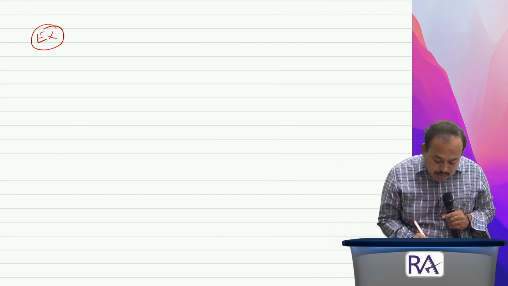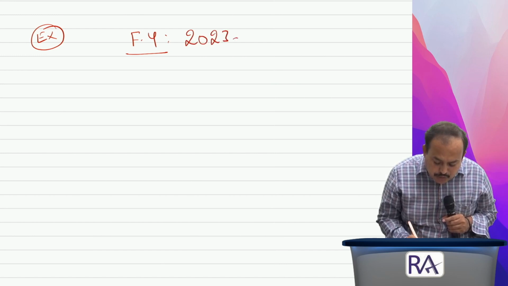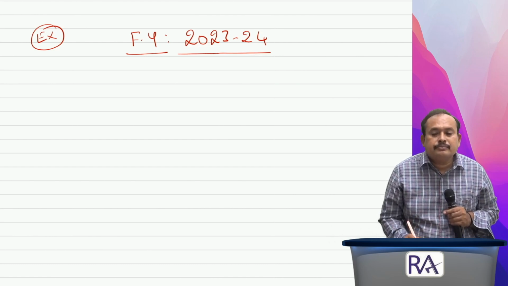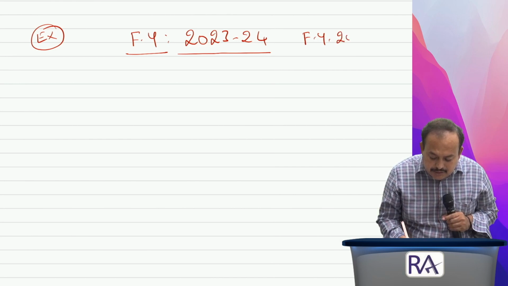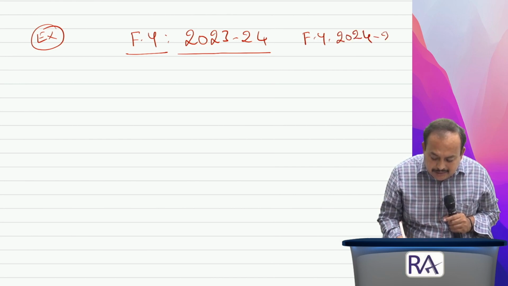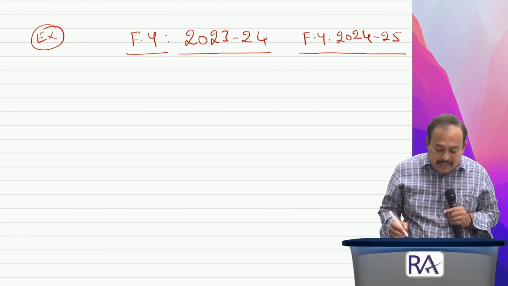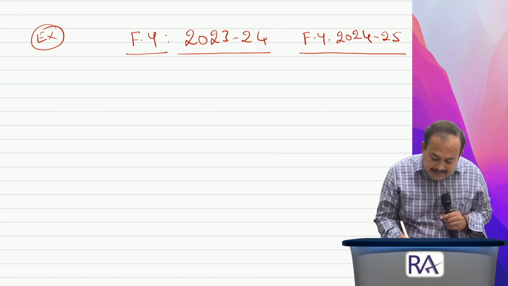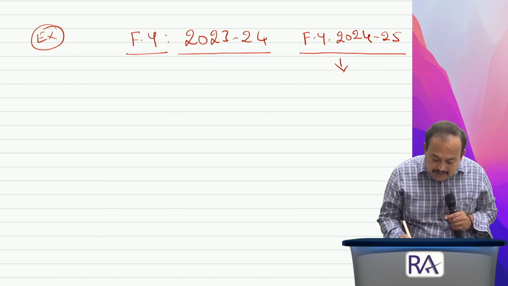For example, my financial year here is 2023-24. The other financial year is 2024-2025. So here in this year, am I eligible for the composition scheme or not?